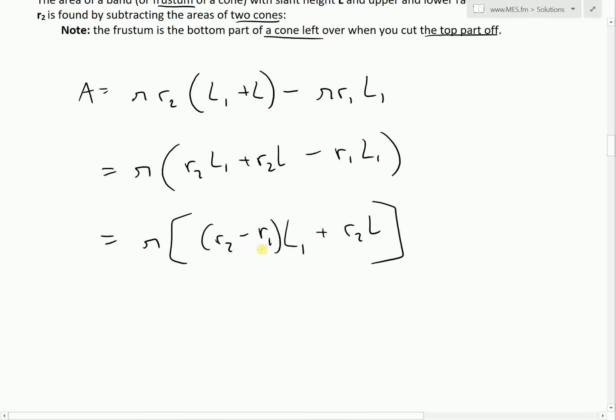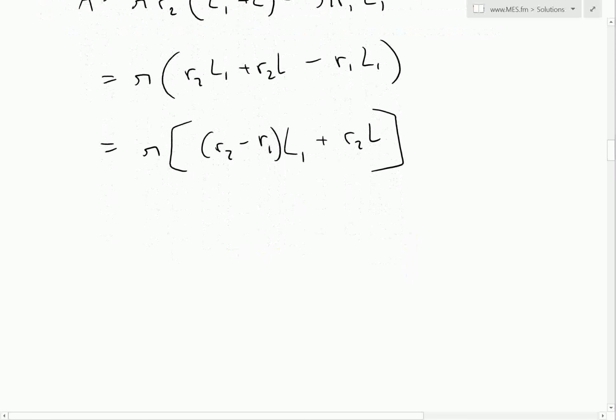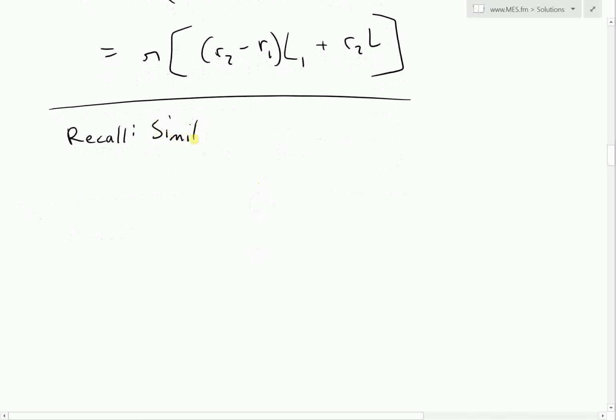And now we can further simplify this by trying to get rid of this L1 right here. And to do that, we can just basically recall similar triangles. Again, you can see more about this in my earlier videos. So recall similar triangles.